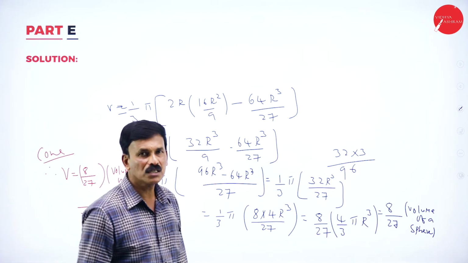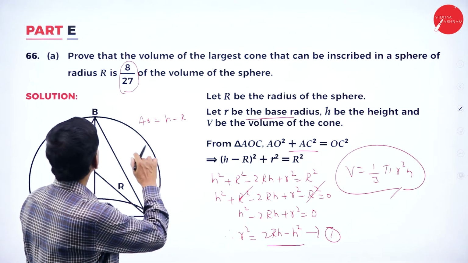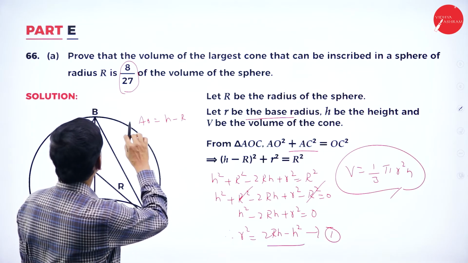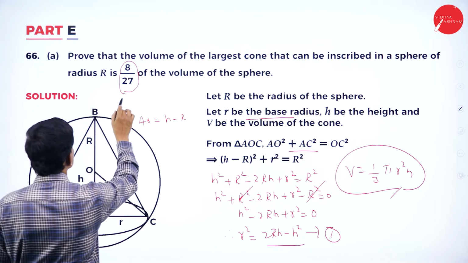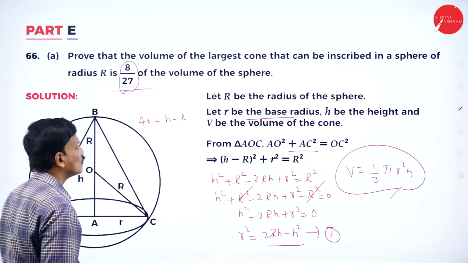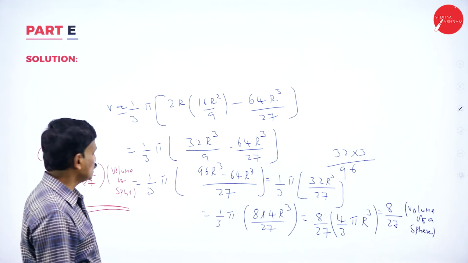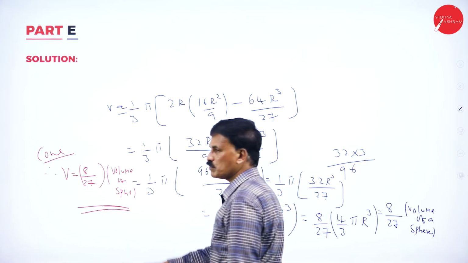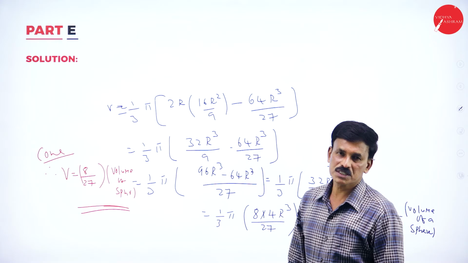So that is the final conclusion part, that is what was to be proved: the volume of the largest cone that can be inscribed in a sphere of radius r is 8 by 27 times the volume of the sphere. That's it. If you do this, you will get 6 marks.